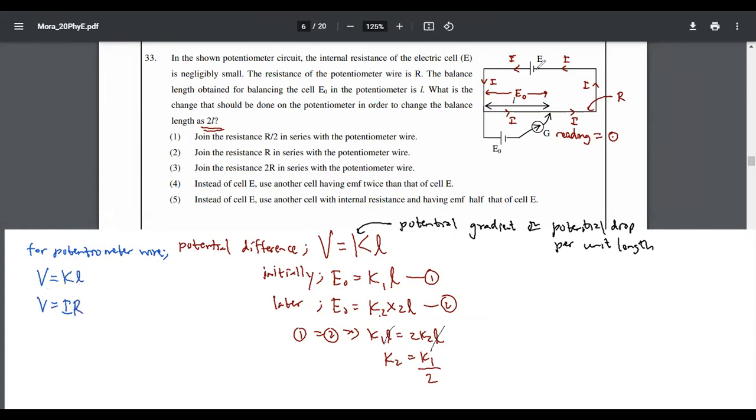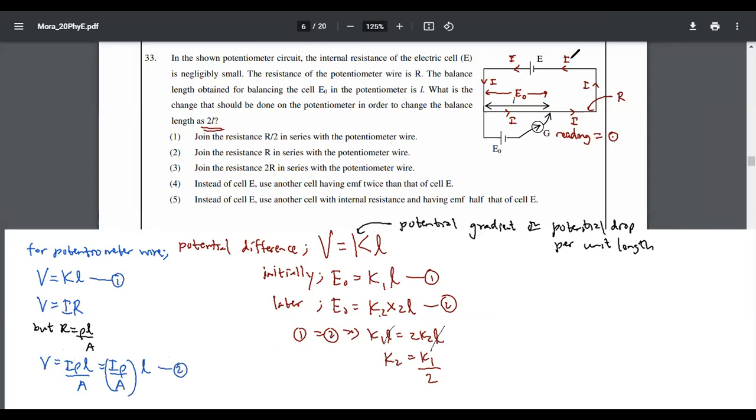And for R, what can I do, people? We know R is equal to rho L over A. Therefore, you can write V equal I rho L over A. And if I write it like this, I rho over A into L. This is equation 1. This is equation 2.